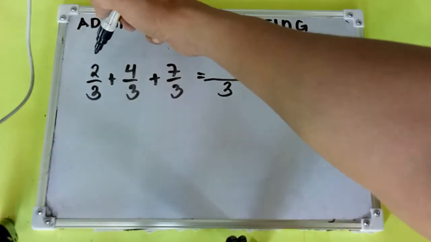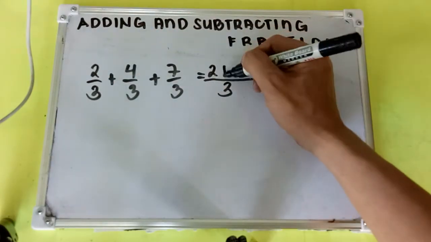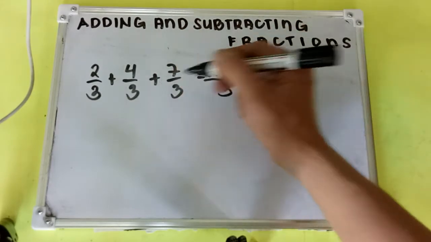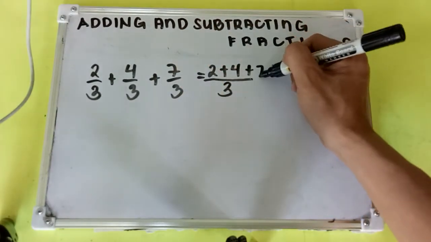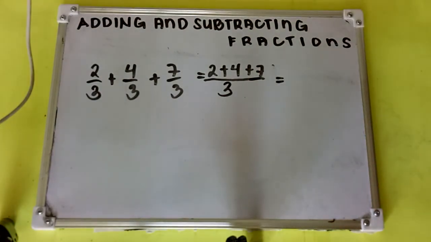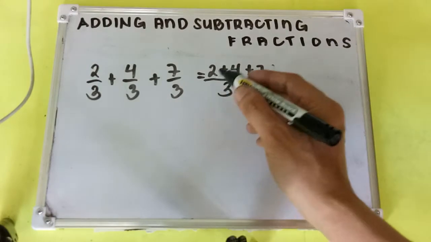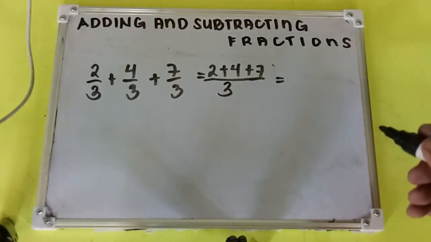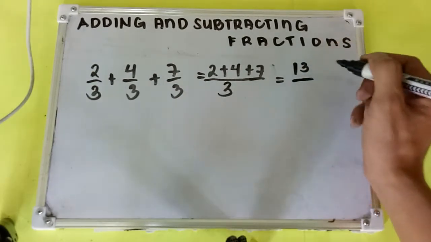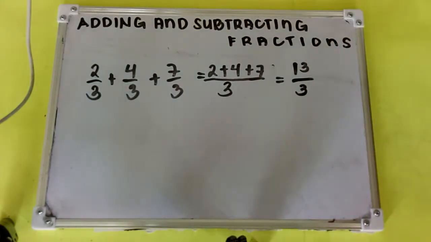So sa numerator of the first term, meron tayong 2 and then plus. Second term is 4 and then plus, and then 7 for the third term. So i-add lang natin yung nasa numerator since addition ang ginamit na operation. So 2 plus 4 plus 7 is 13. And then the denominator is 3. So this is your answer.